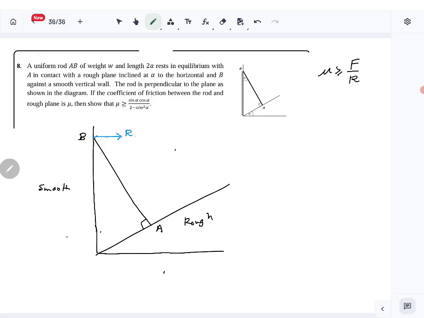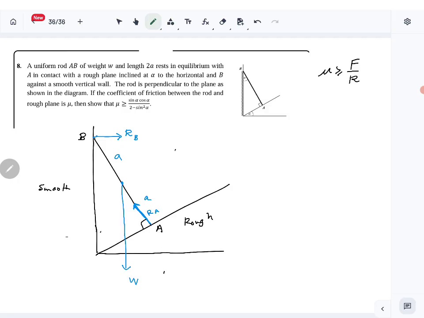Let's say R1 or RB. Then at the midpoint of the rod you have weight W. This length is a, this length is a. Then you have the normal reaction for this rod that goes through the rod itself, because it is perpendicular. We'll mark it as RA.